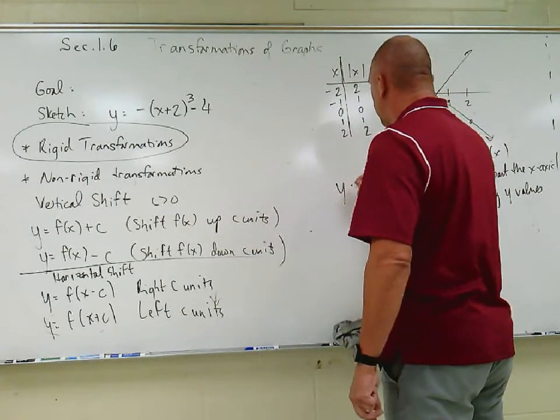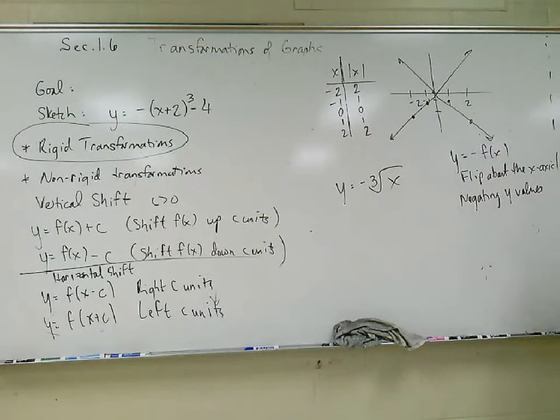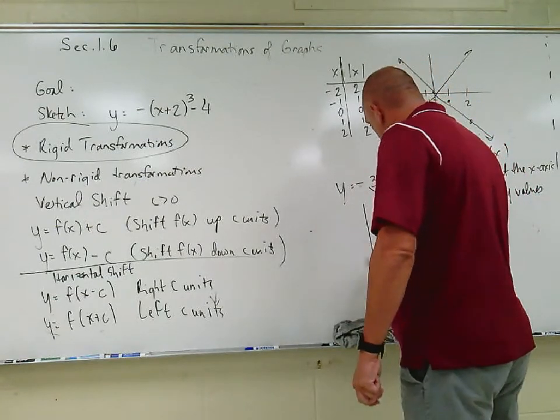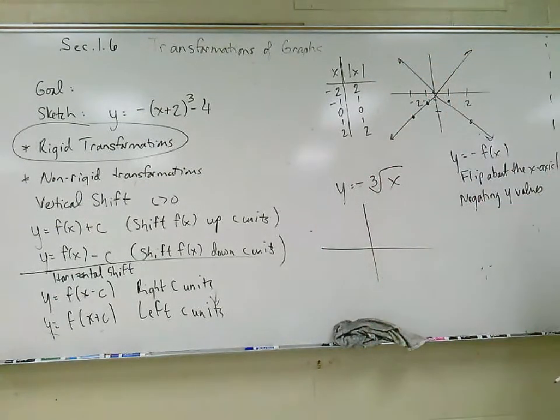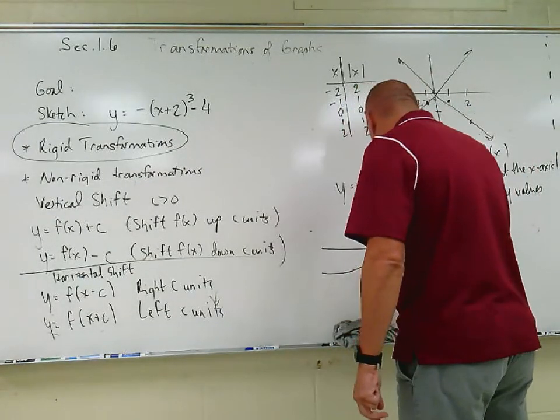So, question, what would this graph look like? I would always start with the basic picture. All right, this is a negative in front of the cube root. So first question is, what does cube root of x look like? Good, just finger it. Anytime you're air drawing, that gives me quick feedback. So here's cube root of x.